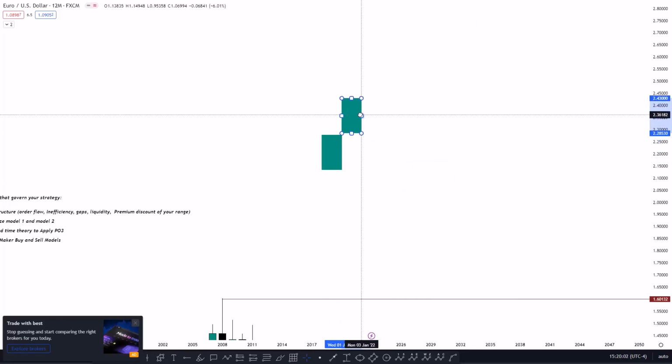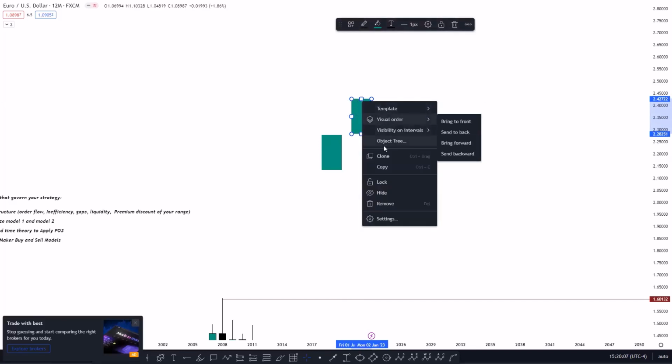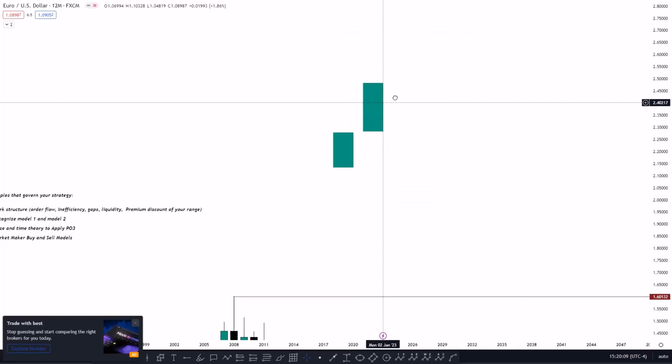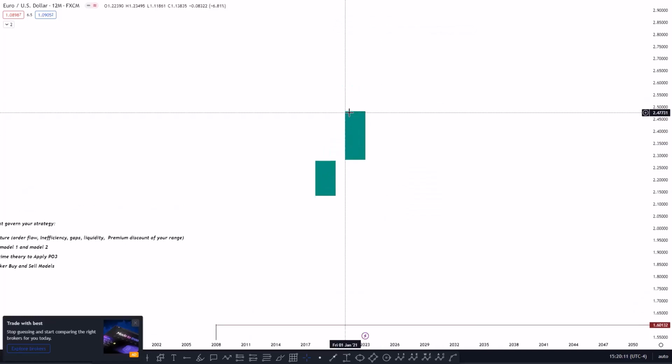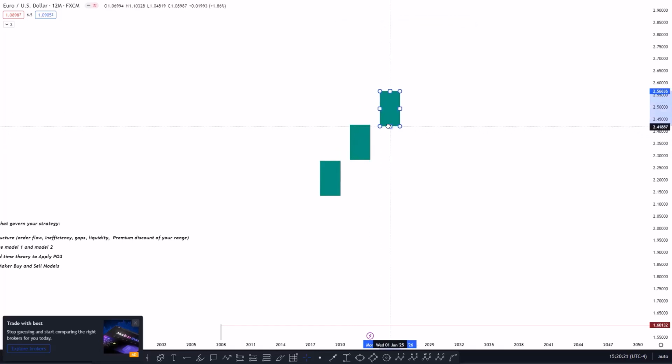So these are your candles. Do not trade any pair without marking your inefficiency.